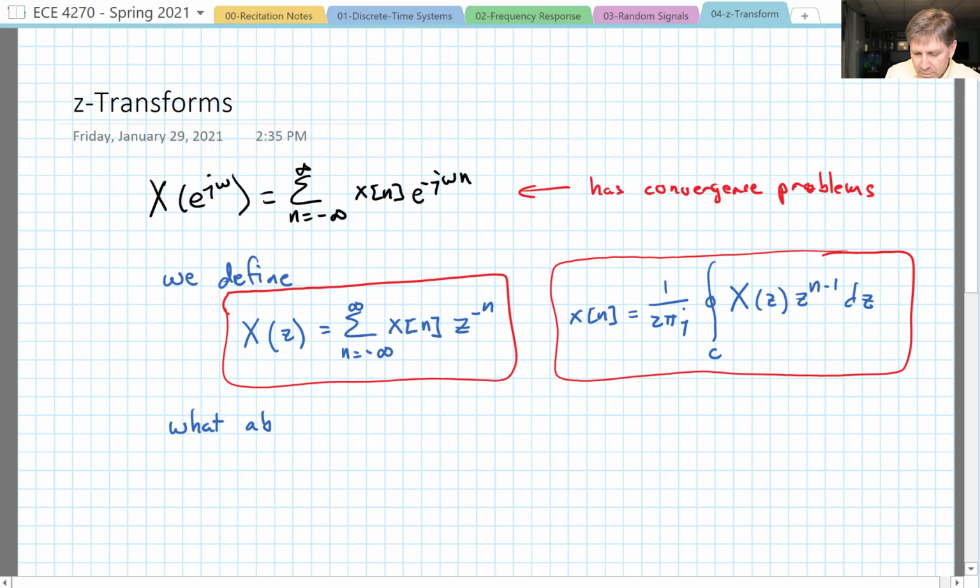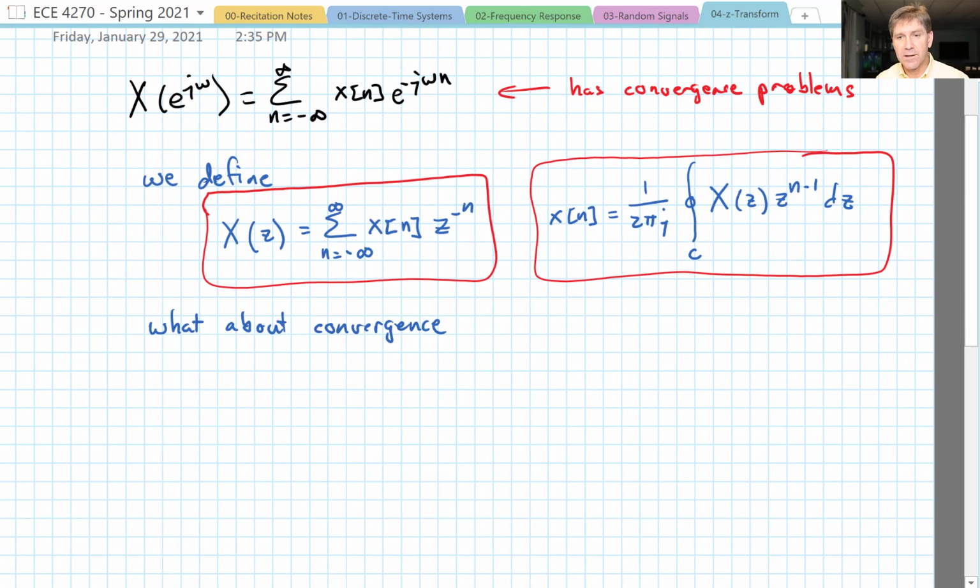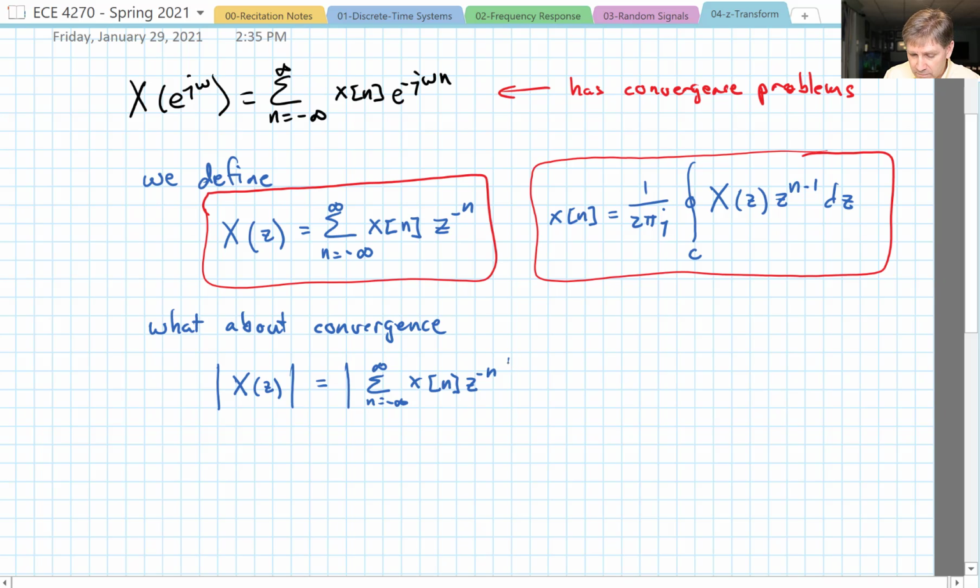So, what about convergence? I will say here that the textbook that we use spends quite a bit of time discussing the convergence of the Z-transform. I've spoken with other professors here at Georgia Tech in DSP, and we tend to agree that some of the issues on convergence are actually very important in one case or one condition, and that is passing exams and doing homework in 4270.